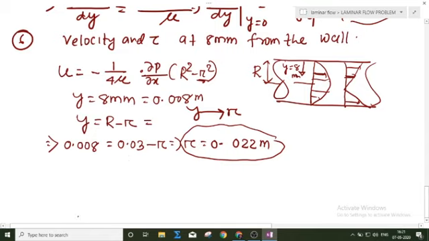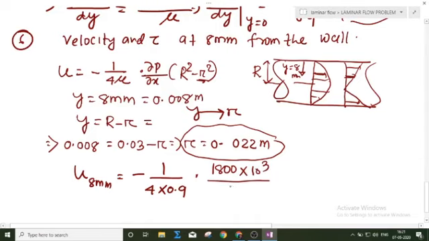So velocity distribution, u at 8 mm, will be equal to minus 1 by 4 mu, it is 0.9, into del p by del x. Del p by del x already found out, so this is 1800. Del p is given 1800 kilopascal, so 10 to the power 3, this is pascal. Del x is length, given to you as 100 meter.